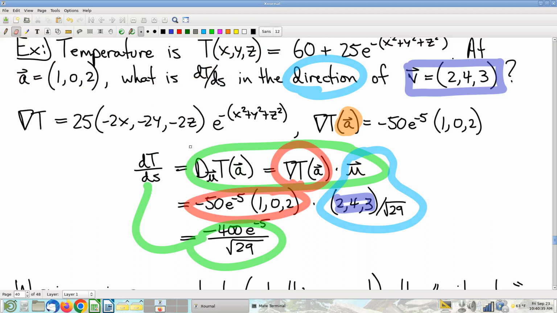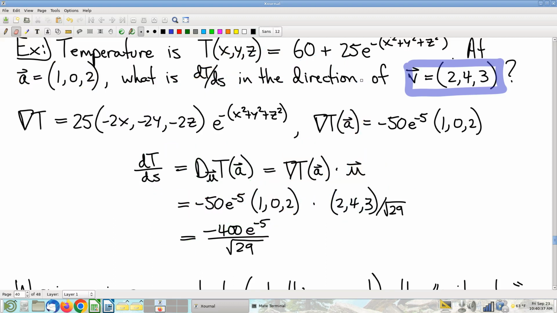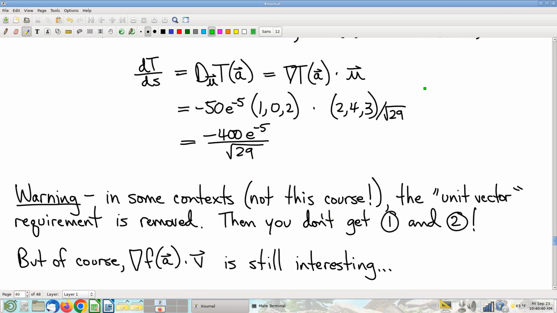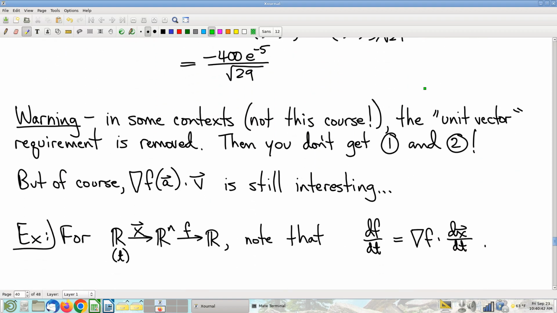So I have another heads up warning for you. Gosh, this is uncomfortable. In some contexts, and I want to emphasize, not in Math 219, in Math 219, it's exactly what I've already said, right?